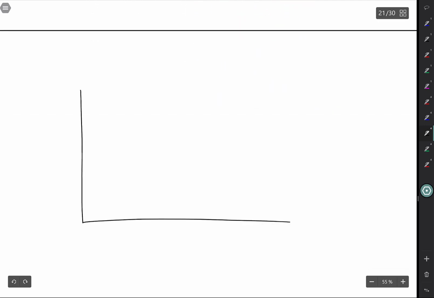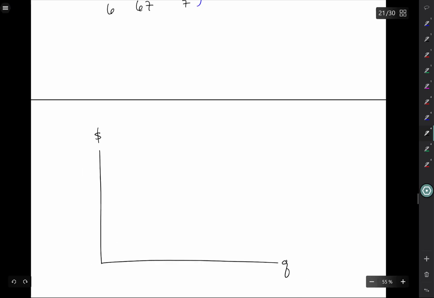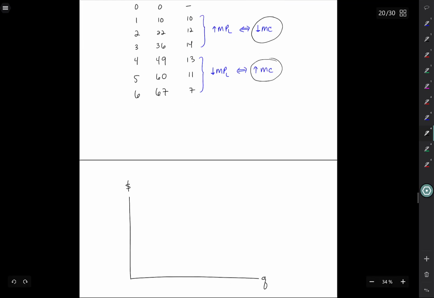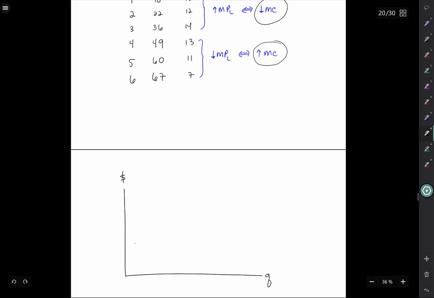If I'm going to plot that, I'm going to plot marginal cost. So I'm going to look at the costs of producing, the costs of production, the title of chapter 13. And if it is the case that we are initially exhibiting increasing marginal product, that means that initially marginal cost is dropping, but eventually we kick into diminishing returns, which means marginal cost will eventually pick up. So let's convey that property here on the graph. Initially, marginal cost is dropping, but eventually it's picking up.